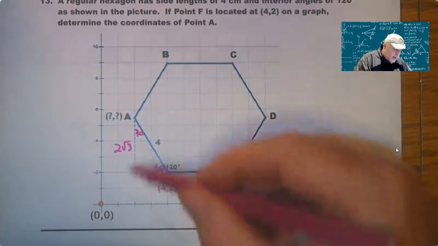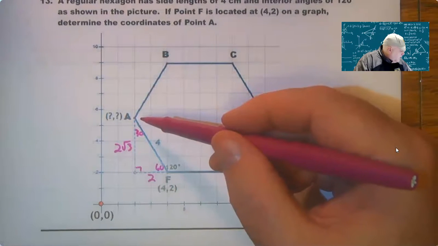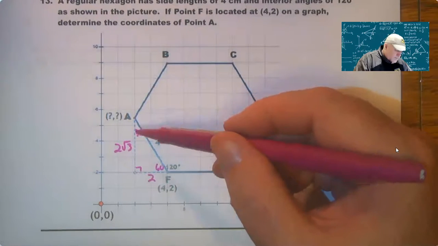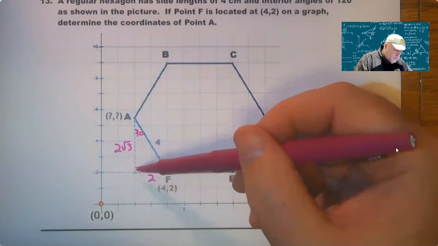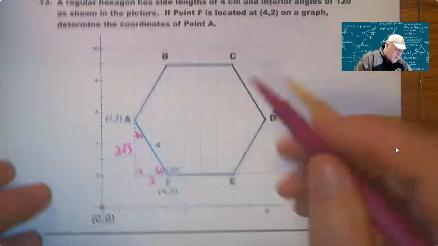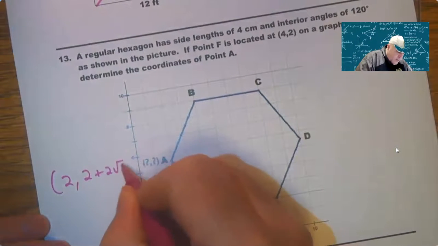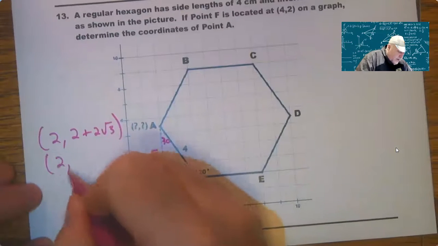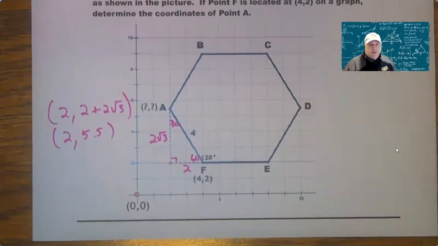So A here has to be 2, and then 2 times the square root of 3 plus 2. So 2 to the right and 2 plus 2 times the square root of 3, or 2 comma 5.5 if you decimalize that.